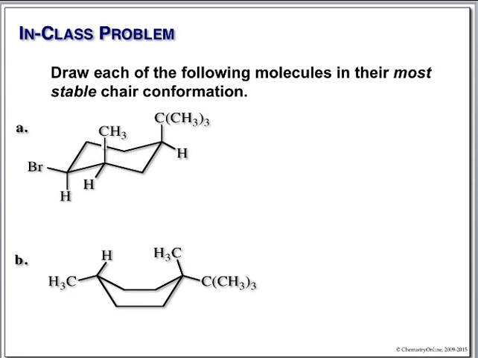More chairs. What we're supposed to do here is simply draw these things in their most stable chair conformation. When we look at our first one here, the first thing we say to ourselves is, oh my goodness, this is the tert-butyl group and it's drawn axial. We know that tert-butyl never, ever, ever is in an axial position.